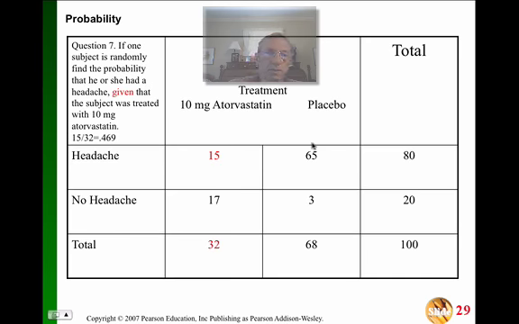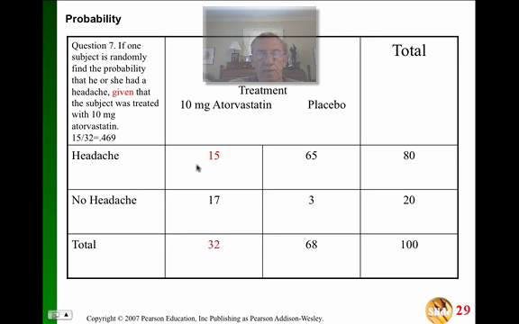If one subject is randomly selected, find the probability that he or she had a headache given the subject was treated with 10 milligrams. This is back to our old given statement that we covered in the first video. Given means given that they were treated with the 10 milligrams, so I know that 32 is the denominator, and 15 is going to be the numerator.